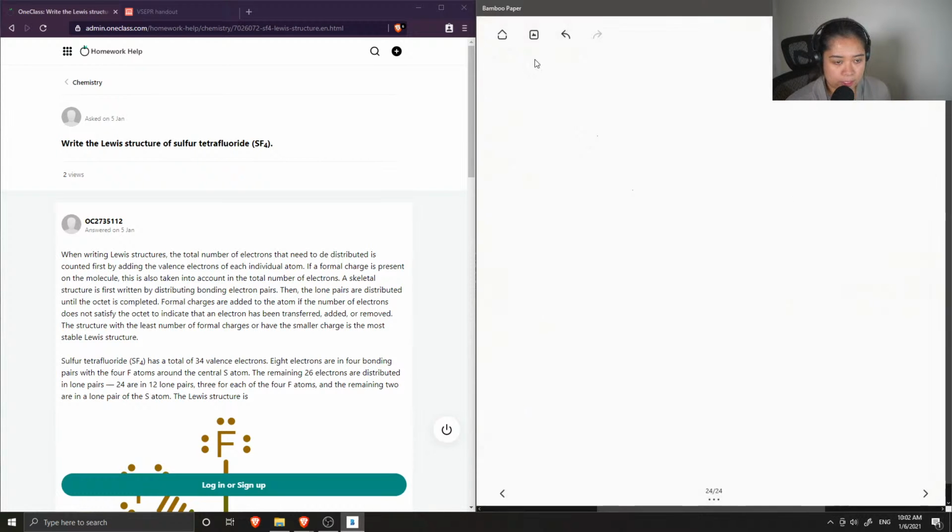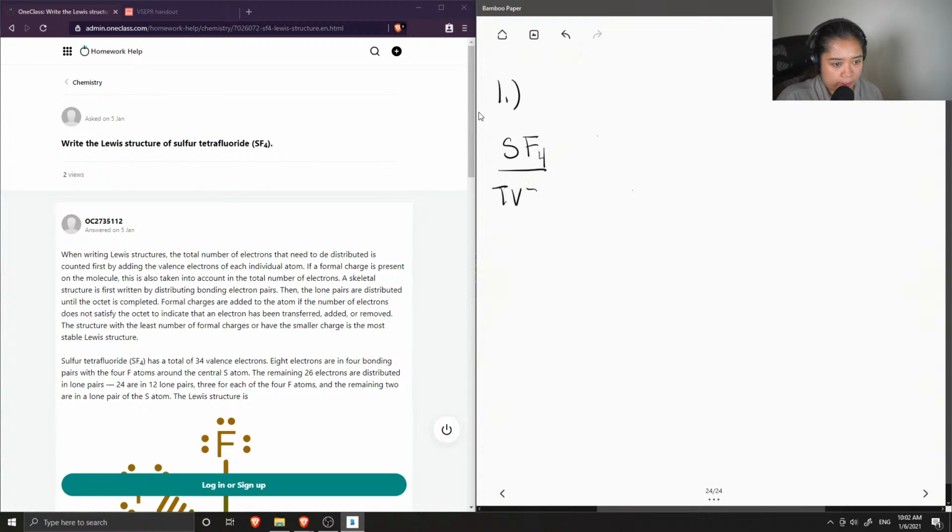Okay, so question number 1 is to write the Lewis structure of sulfur tetrafluoride. When we write the Lewis structure, we first want to find out the total valence electrons in the molecule.